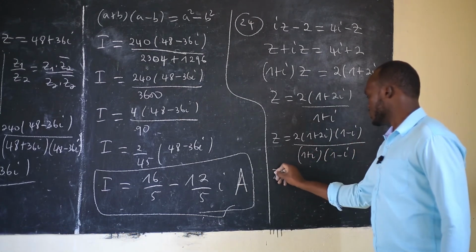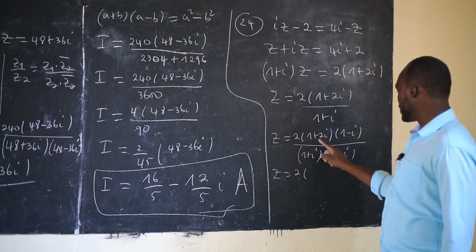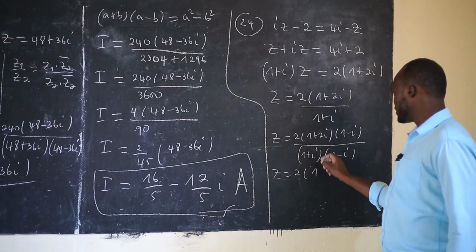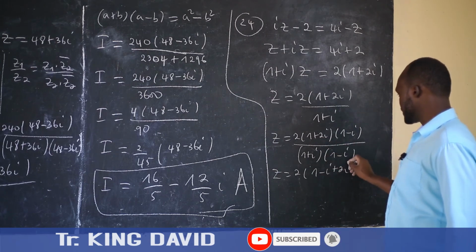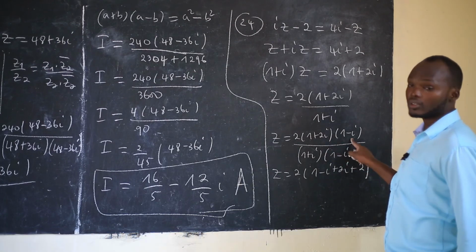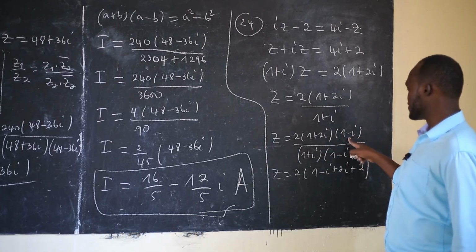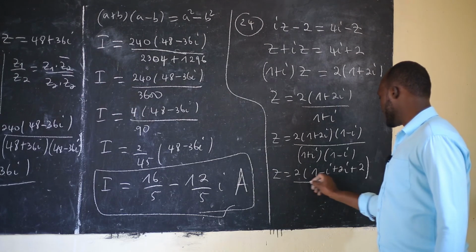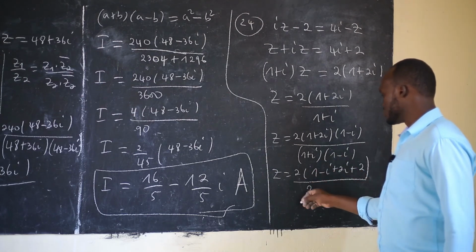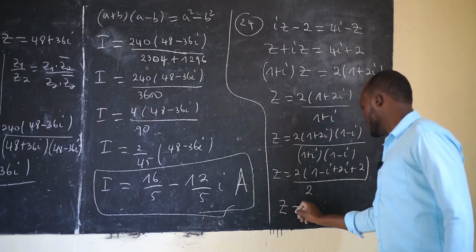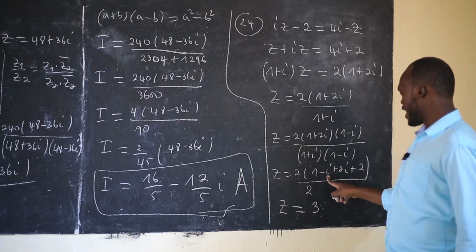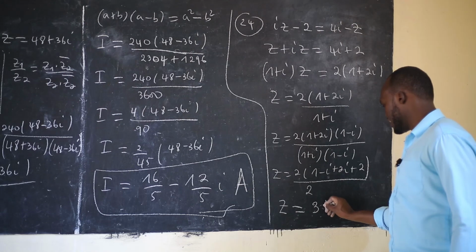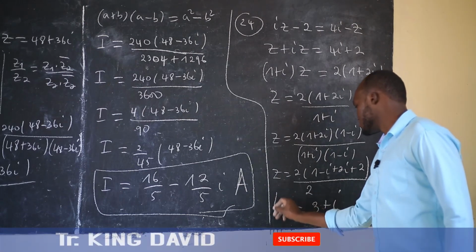So z equal to 2 into bracket 1 times 1, that is 1, minus i plus 2i plus 2, because 2i squared is negative 1 with this negative becomes positive, divided by 2. So this 2 cancels with that one, and our z will be equal to 1 plus 2, that is 3, negative i plus 2i, that is i. So this is our answer.